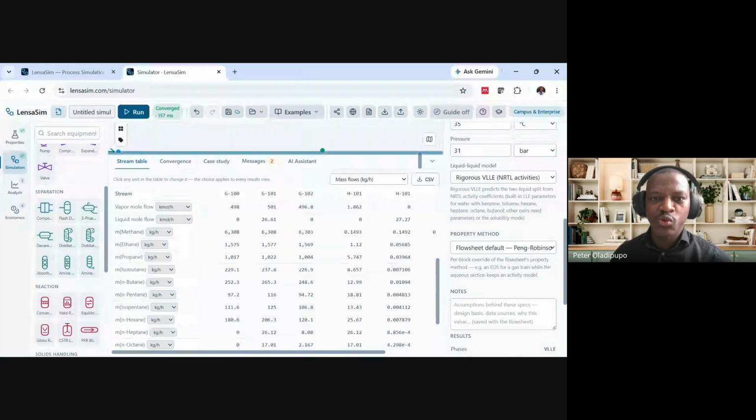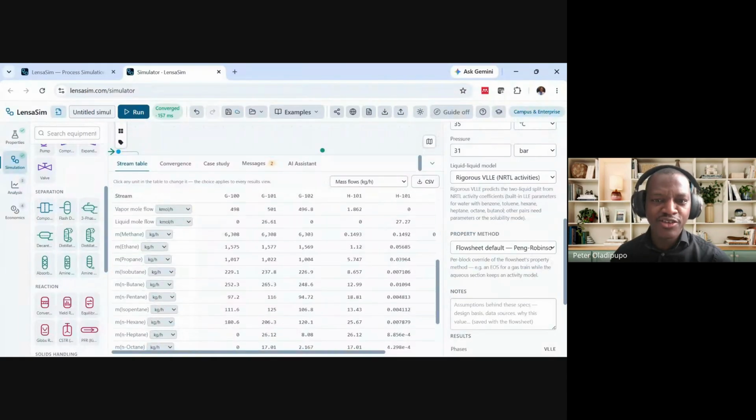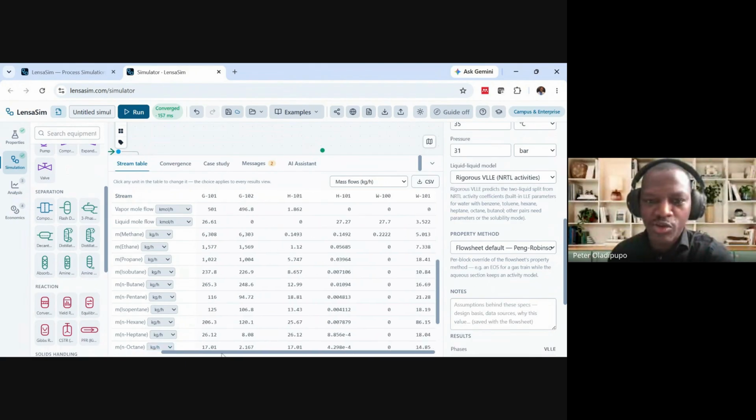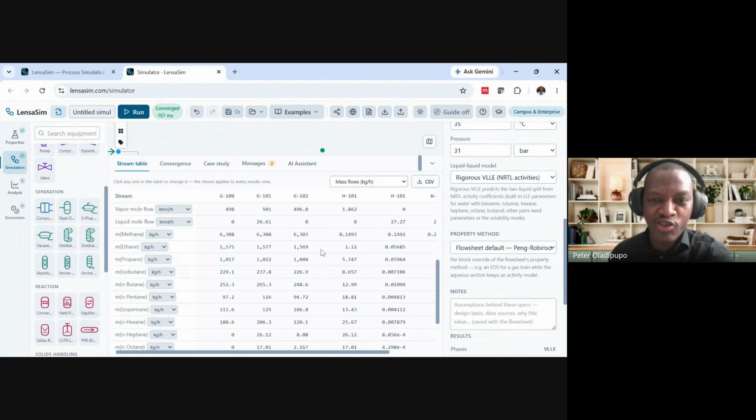Then let's see what goes into H101. H101 has a very minute amount of the methane. Virtually all of it has gone to G102. Some very minor portion has gone to H101 and W101 as well. Some has gone to W101 for methane and ethane. That's for the hydrocarbons of interest in the flare gas.